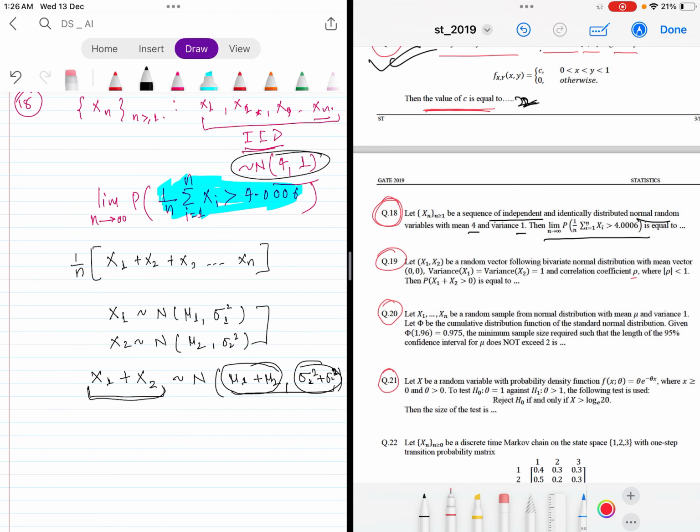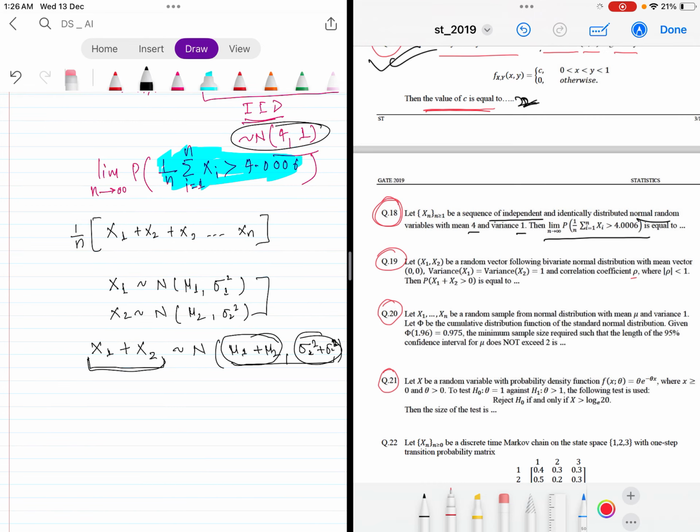This is part of the theory that you should know.